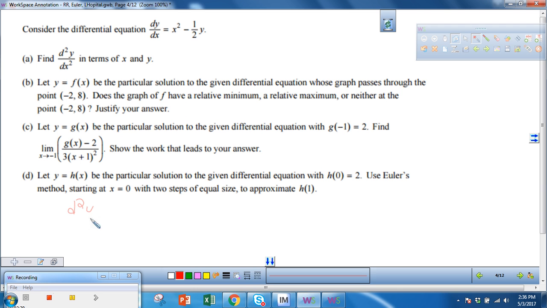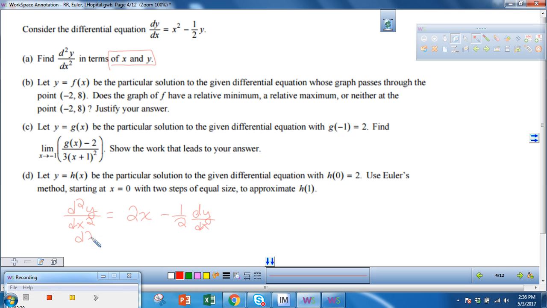So implicit differentiation would give us 2x minus 1/2 dy dx. Now the problem states that they want it in terms of x and y, which means I can't leave this as dy dx.